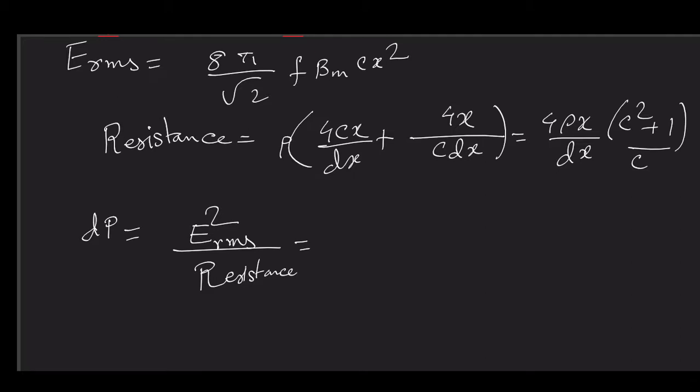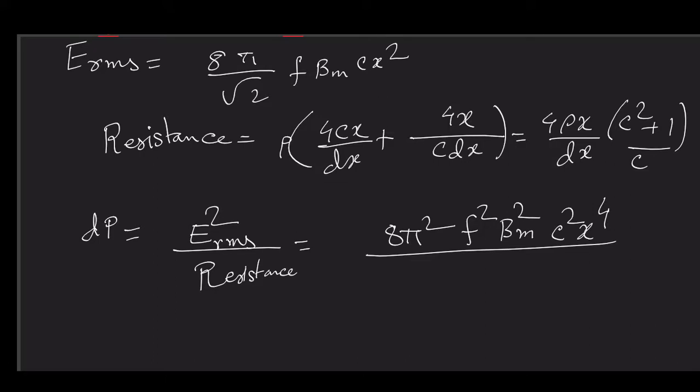So it will give you this much: 8 pi square f square bm square c square x to the power 4, and then here it is 4 rho x dx, c square plus 1 by c. Fine. This is the total thing we are getting here.